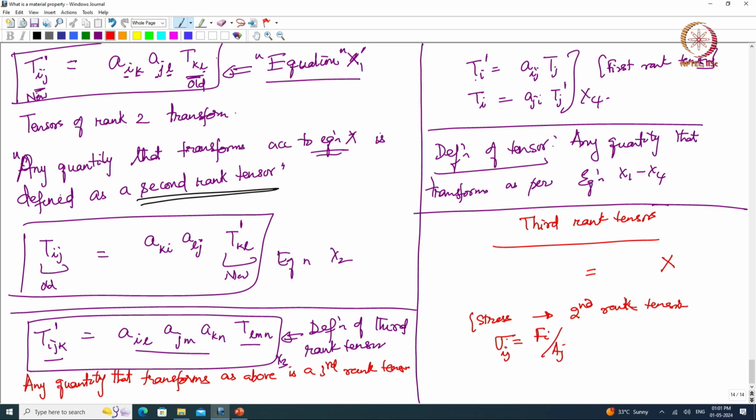So, sorry, I will not use sigma because sigma is for conductivity, I would rather use x for stress, right. Now, stress is a second rank tensor. Now, if I apply stress and I create a charge, right. So, I said I can create some polarization in the material by applying stress.